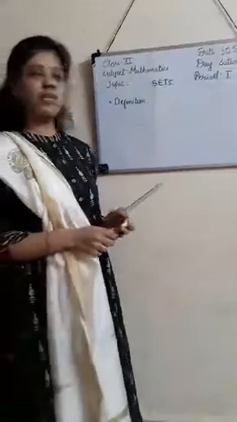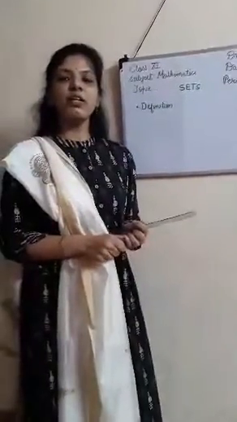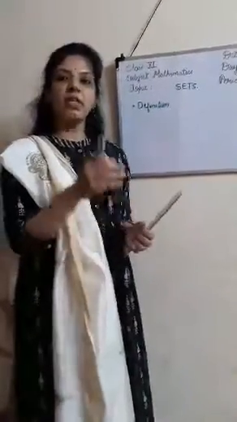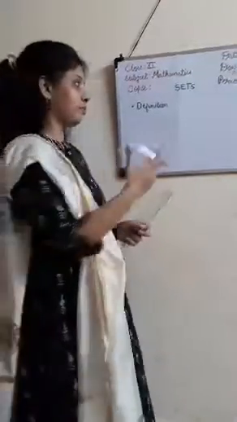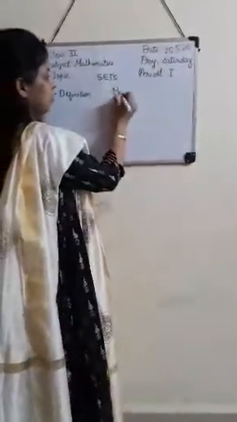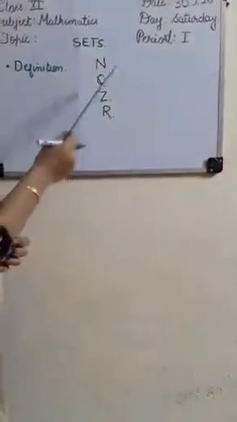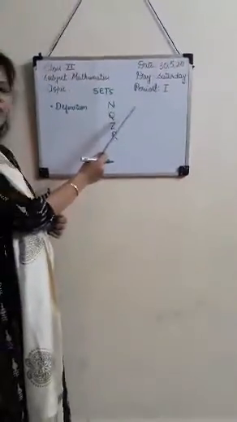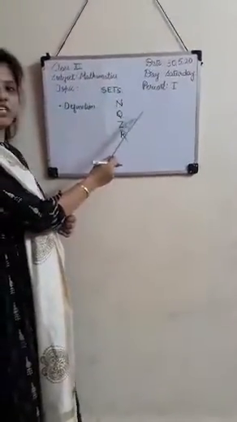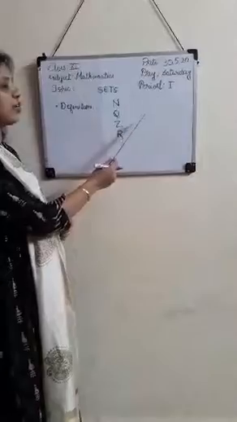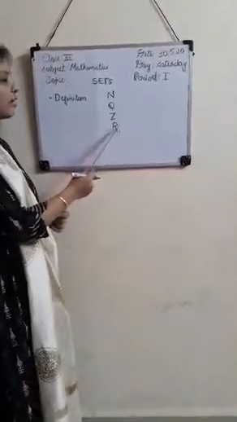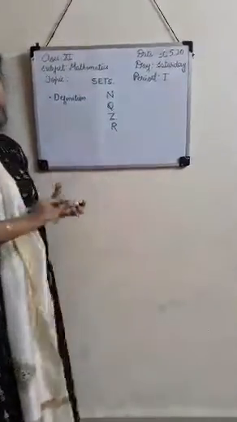Now in mathematics, there are some particular sets which are denoted by some particular alphabets. N is the set of natural numbers, Q is the set of rational numbers, Z is the set of integers and R is the set of real numbers.